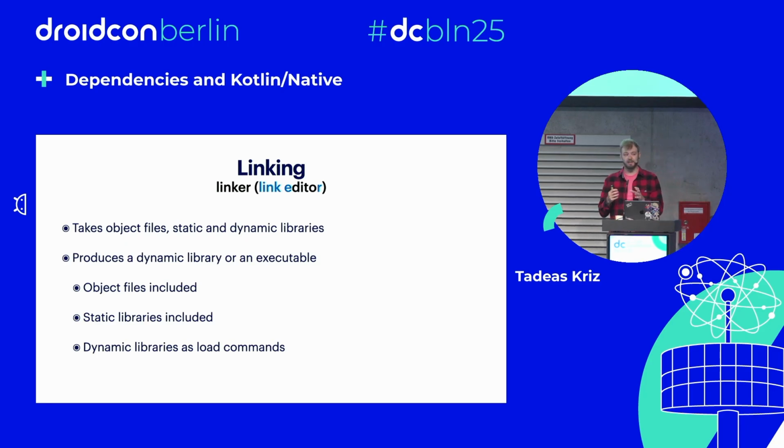Then if we provide any static libraries, it takes those static libraries and includes all of their symbols inside of it. And then if we provided and used any dynamic libraries, those are included as so-called load commands. Load commands are essentially for the dynamic loader that runs your application to say, we need this framework or library, please find it and load it into memory.